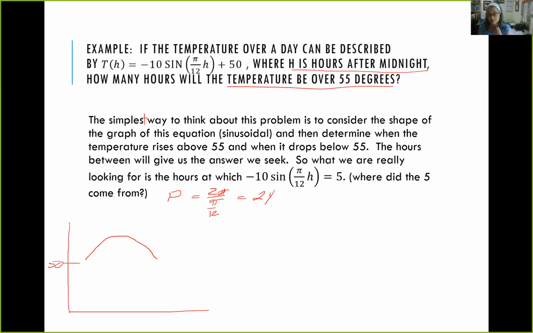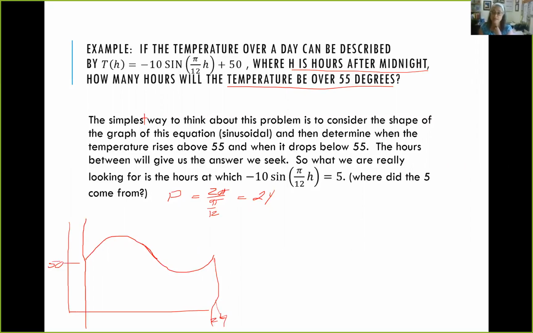Yeah? So this is probably actually going to do this, isn't it? So we'll move this over to here so we start at the x-axis. And that's really all we need to know in order to solve this problem.